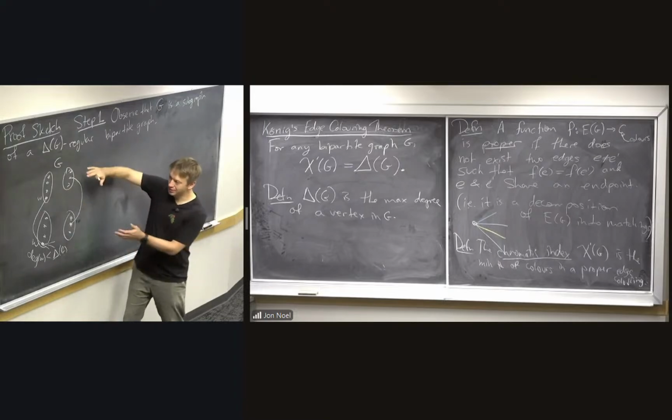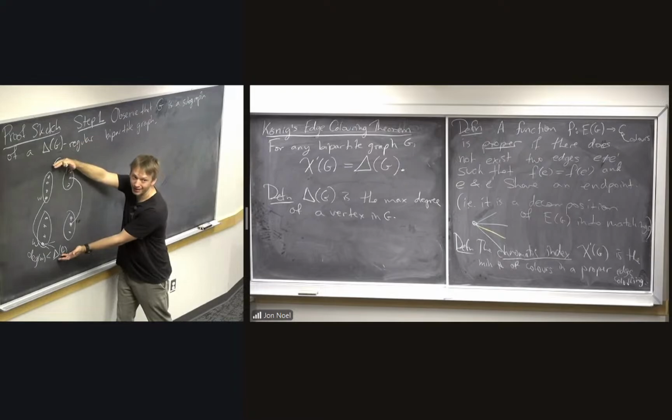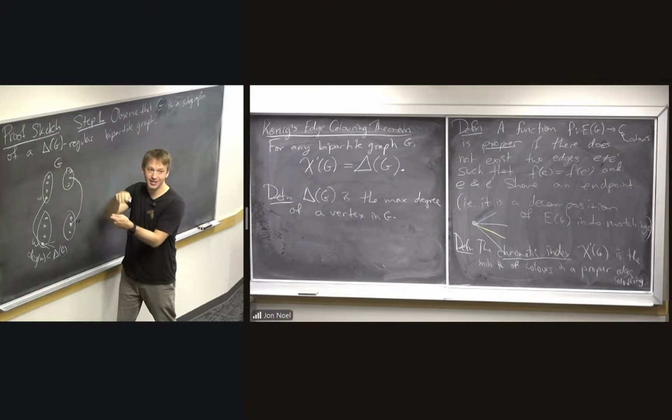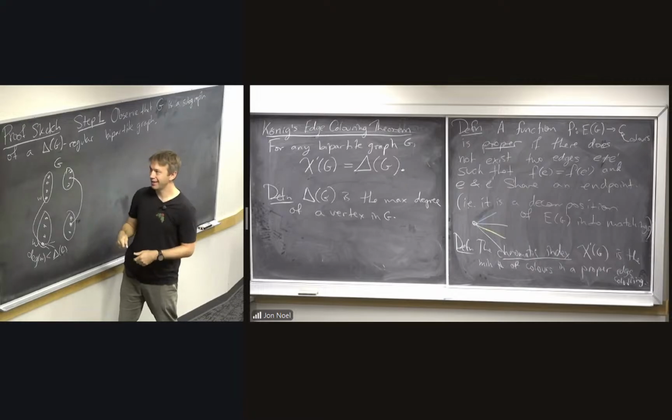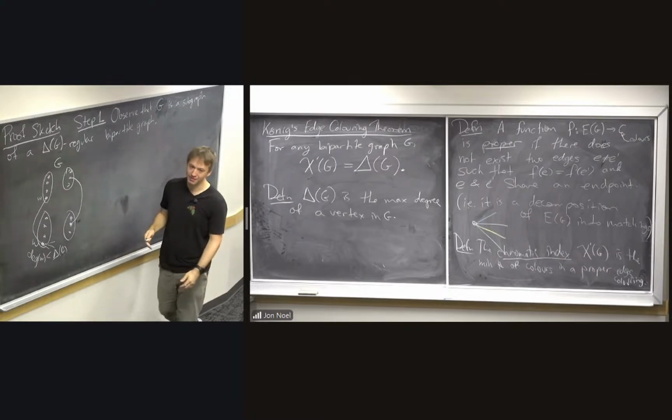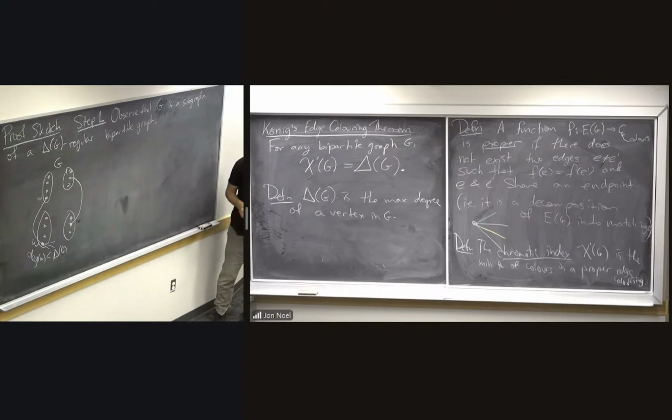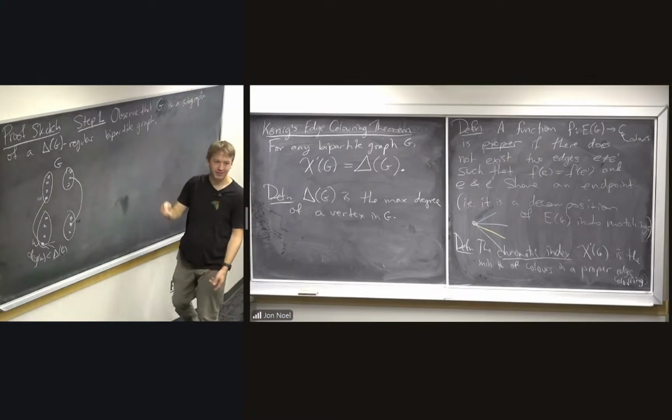But then you could do it again. Double this whole thing, and then join things that have degree less than delta to their clone over there. And then you get a delta regular graph eventually. Is that procedure clear enough? It might be a way bigger graph, but yeah.